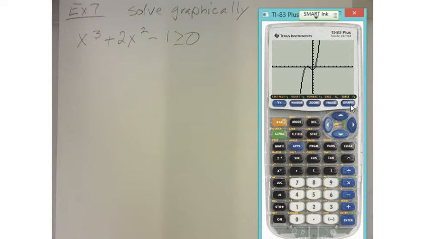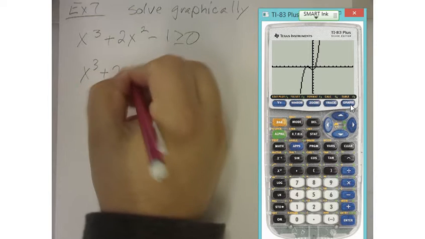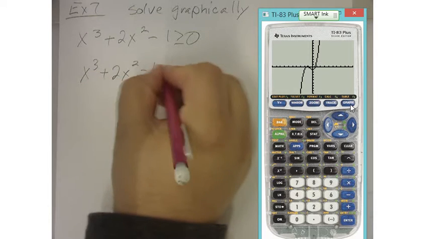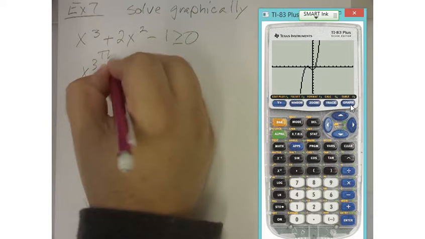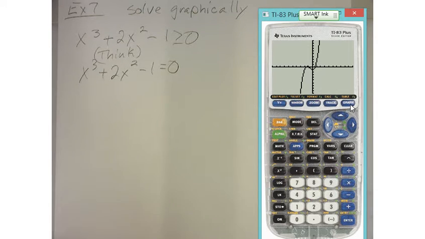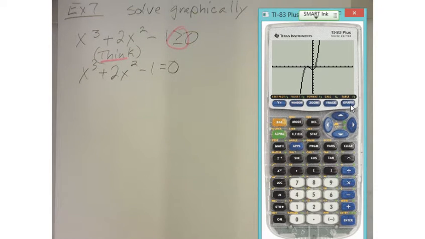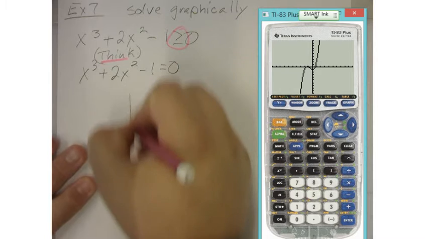And what we're going to think is x cubed plus 2x squared minus 1 is equal to 0. We're going to think that, and address this inequality symbol after we've found our solutions.